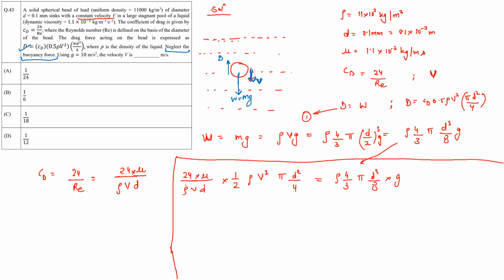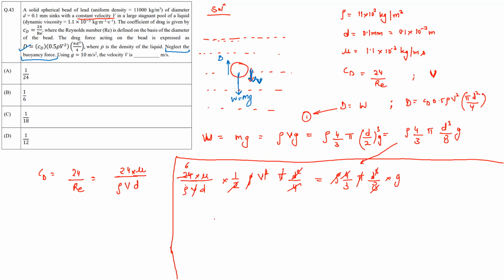So you can see from here this D square cancels the D cube, and there will be some other cancellation. So 4 times 2 is 8, that cancels this denominator 8. Pi and pi get cancelled out. One rho cancels out from here. Also one V will cancel out from here. And this 4 you can divide both sides by 4. So this will cancel out and this 4 will give you 6 here.